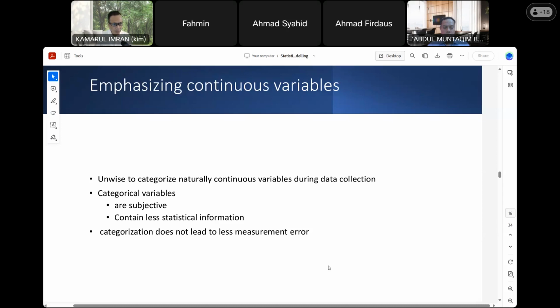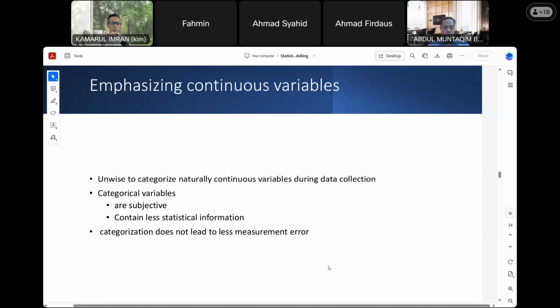You contain less statistical information. And at the same time, it does not reduce any measurement error. You still have that measurement error. So if I wear a statistician's hat, I will always tell you not to categorize your continuous variable.